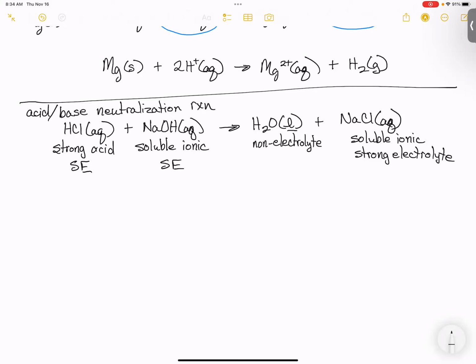But it's sodium hydroxide, and if you'll recall, I said strong bases are oxides and hydroxides of group 1 metals. And it went to make water and a salt, where the salt was an ionic compound. So this is an example of an acid-base neutralization reaction.